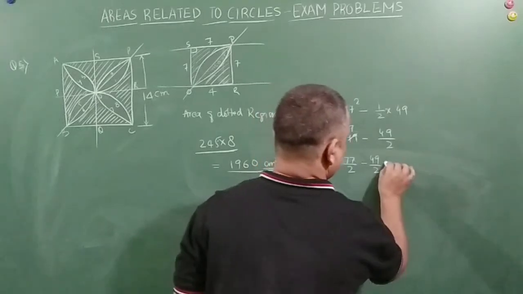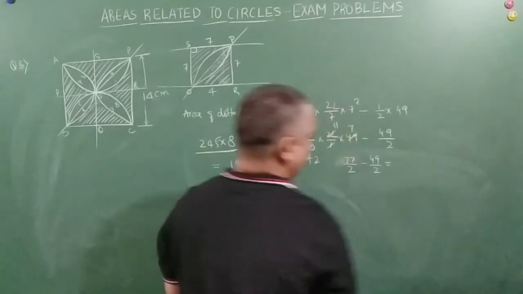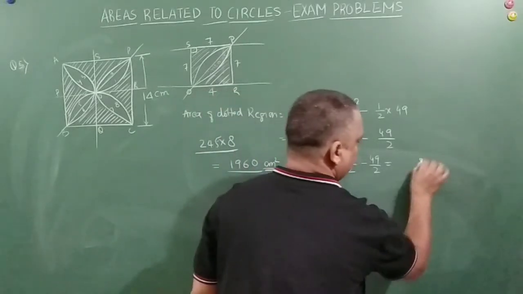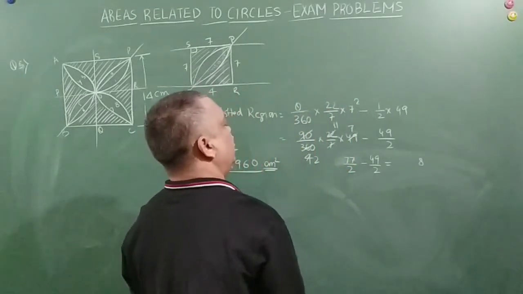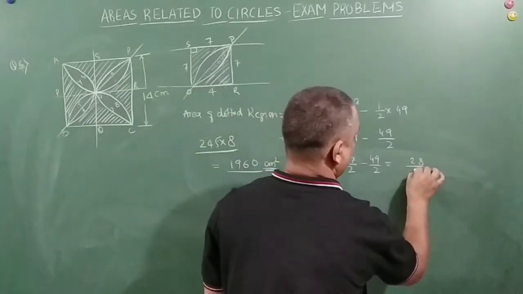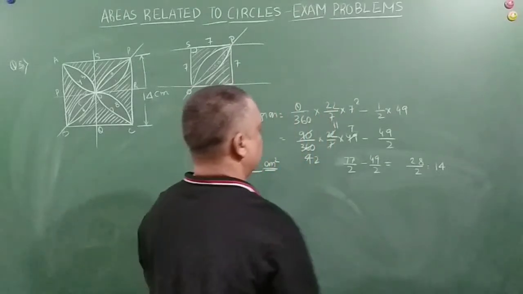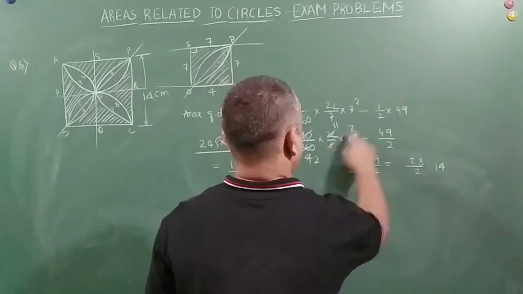Right. So this becomes how much? 77 minus 49 is equal to 28, by 2, that is equal to 14. 11, 7.